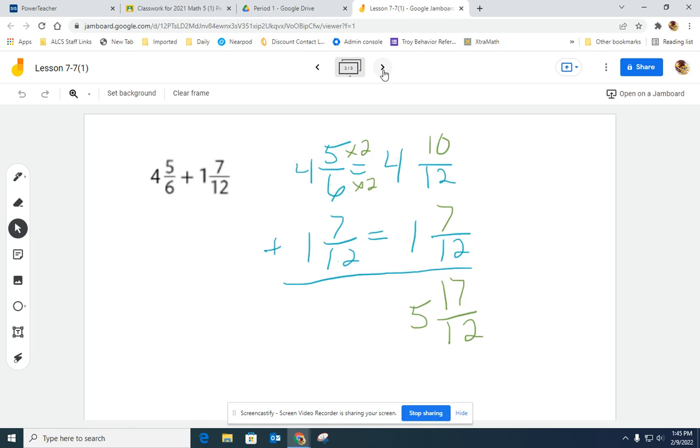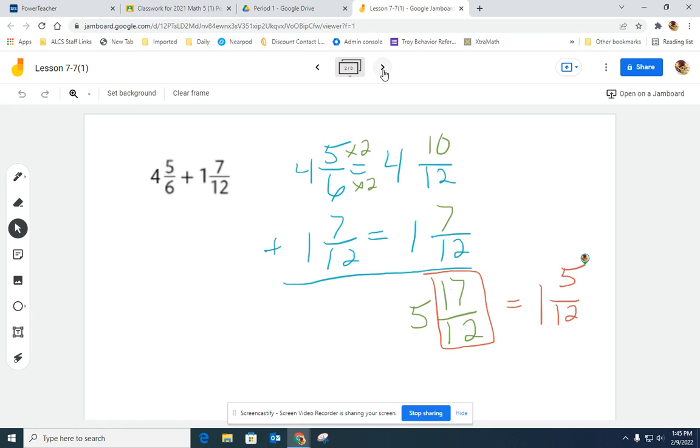And again, just as a reminder, this fraction right here is an improper fraction. It is a top-heavy fraction. I need to convert that into a mixed number. So 12, I start with my denominator. 12 goes into 17 one whole time, and then I can subtract 17 minus 12, which is 5.